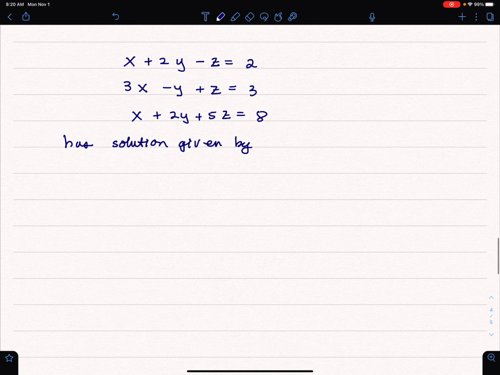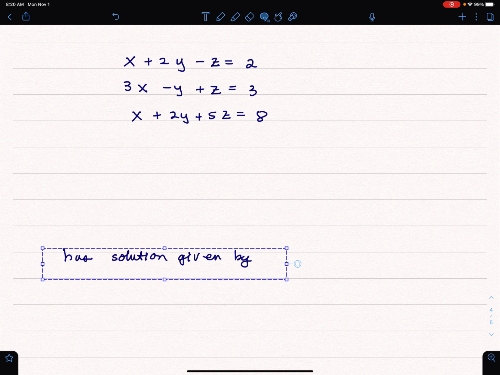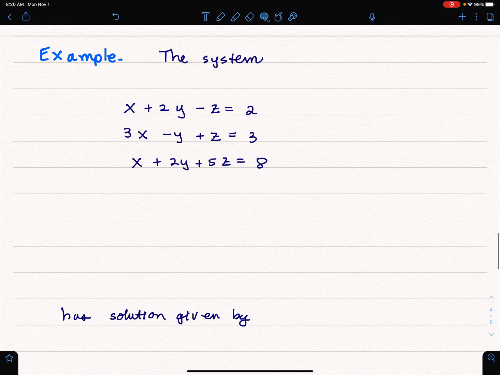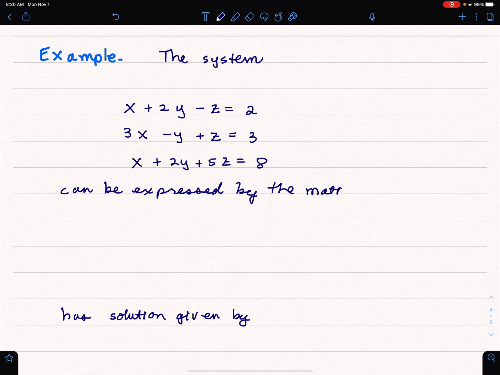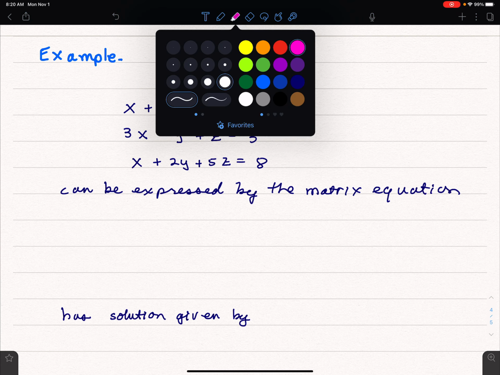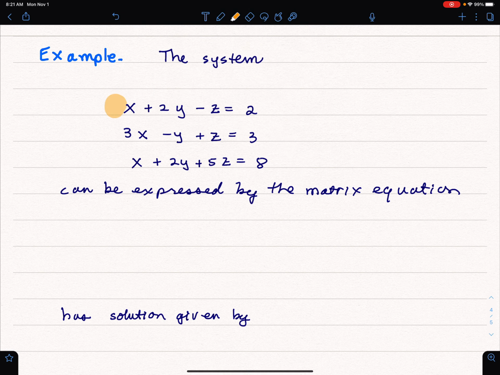Well, before I write that, let's go ahead and write this as a matrix equation. So this can be expressed as a matrix equation, where all I do is pick up these coefficients here to come up with the coefficient matrix.